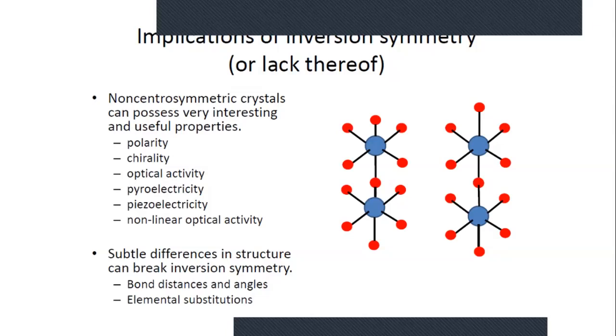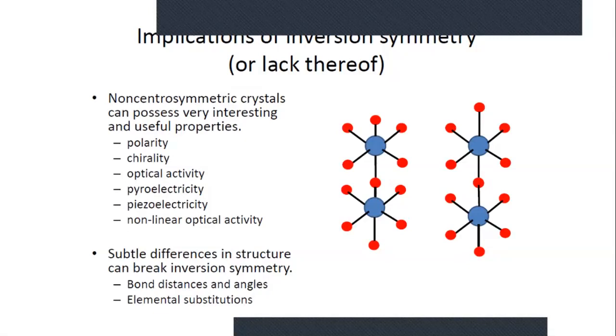They could have, referring to polarity, chirality, optical activity, etc. And just because you may see an inversion center in a structure, just the slightest differences in the bond distances and bond angles, or even changing the elements, can break up the inversion center.